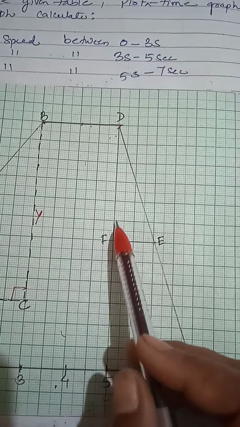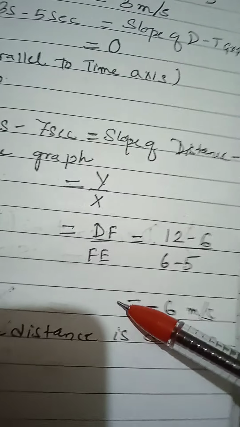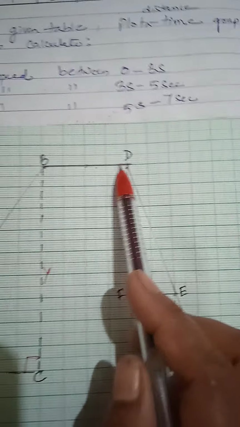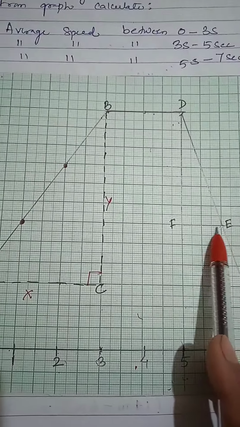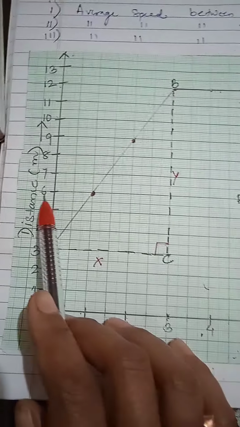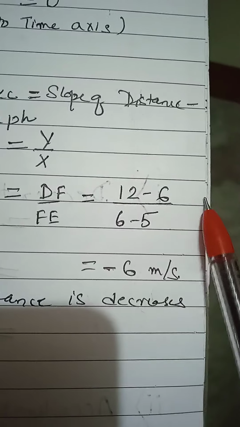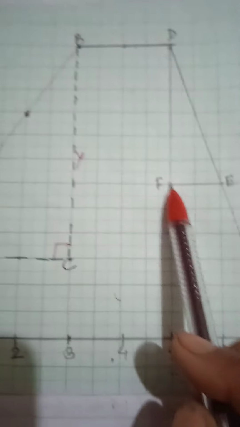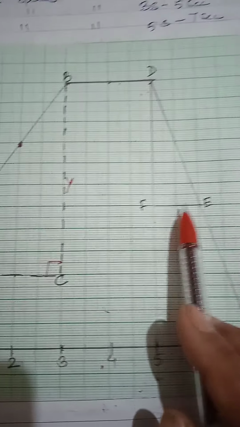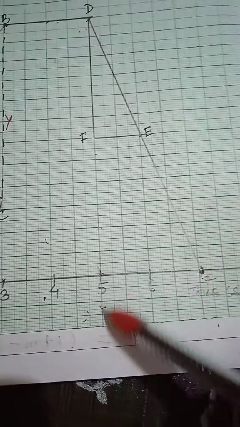So slope will be what? DF by FE. DF will be 12 and F is equal to 6. So 12 minus 6 is equal to 6. And FE will be what? F is 5 and E is 6.